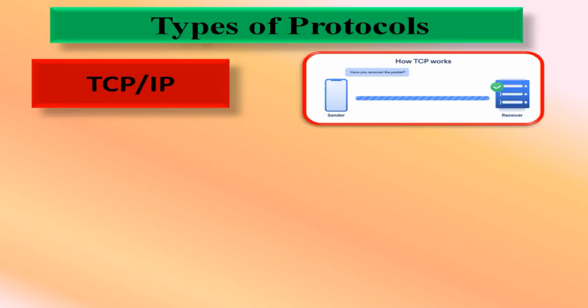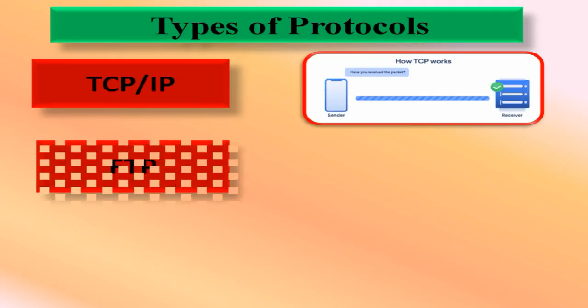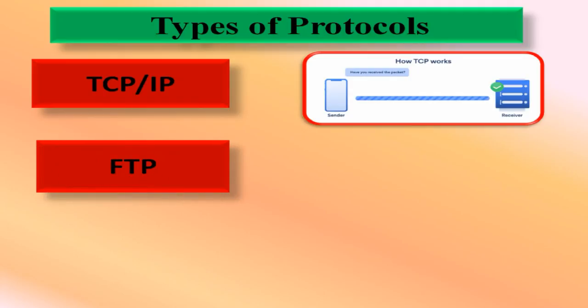A computer that sends a request is the client. As we can see in the diagram, there is a sender and a receiver. A computer that sends a request is the client and the computer to which the request is sent is the receiver. TCP/IP has 4 layers.